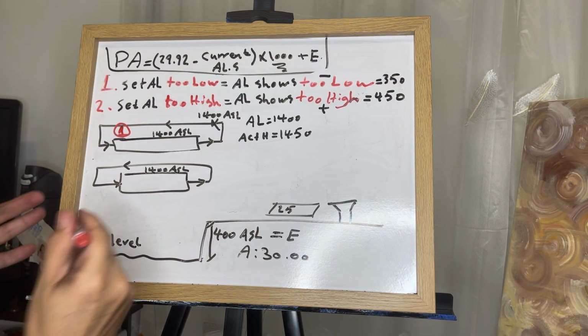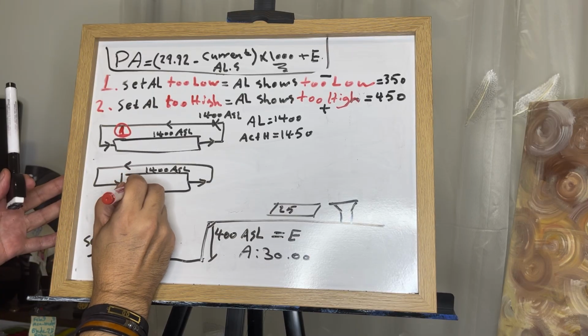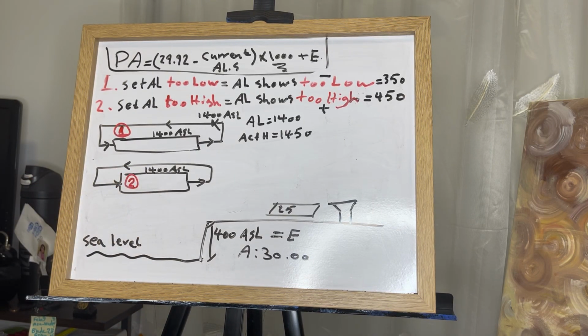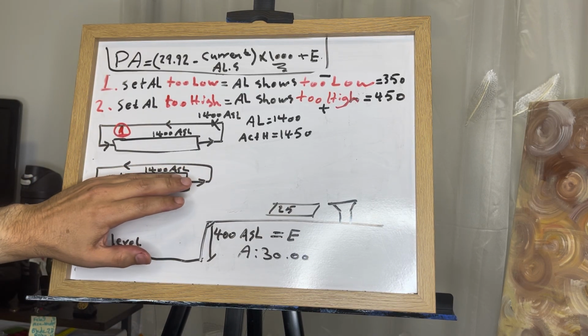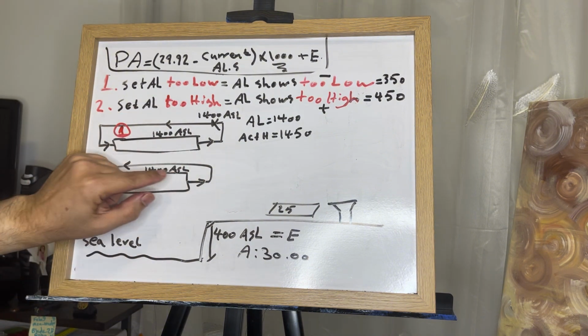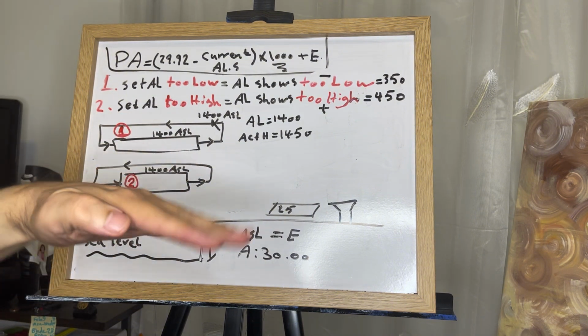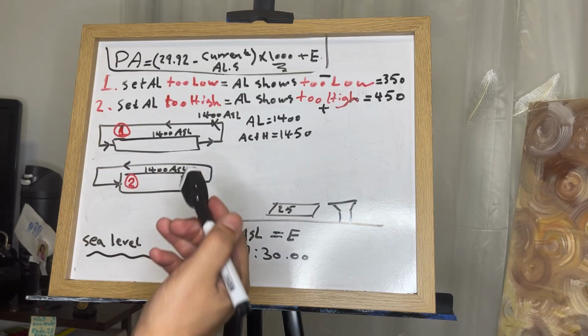This is for scenario number 2. By confirming the altimeter at 1400 feet, somewhere here, you level off and continue downwind.